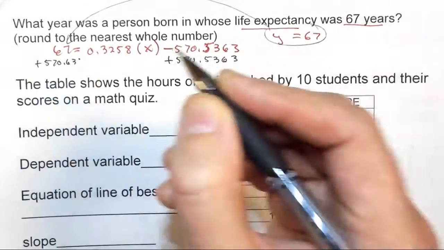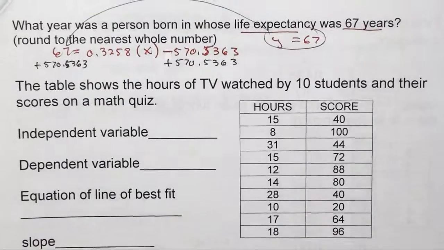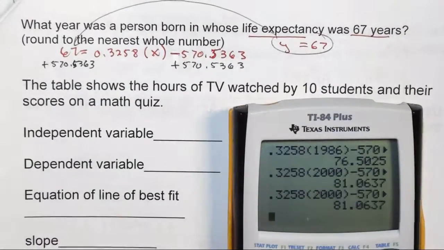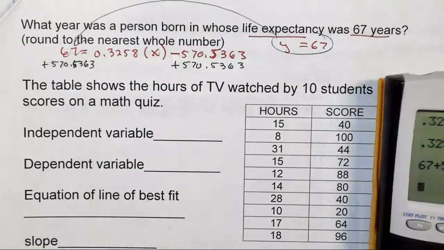Was it 5363? Yeah. So let's add those there. I'm going to do that on my calculator. So 67 plus 570.5363 is 637.5363.